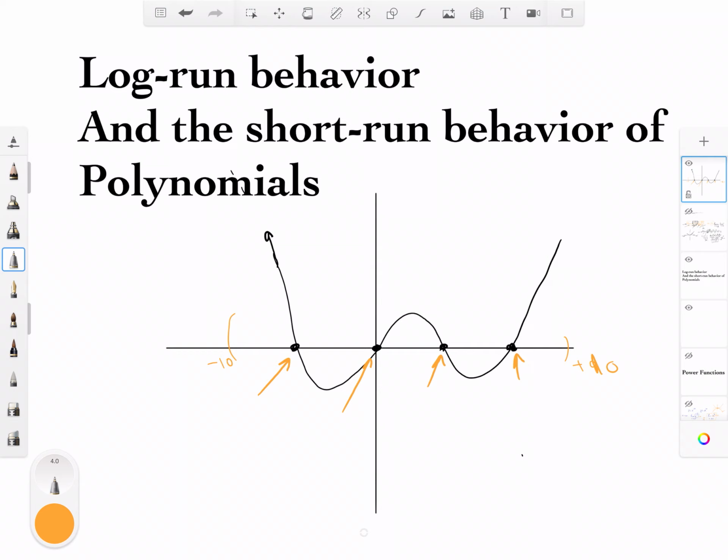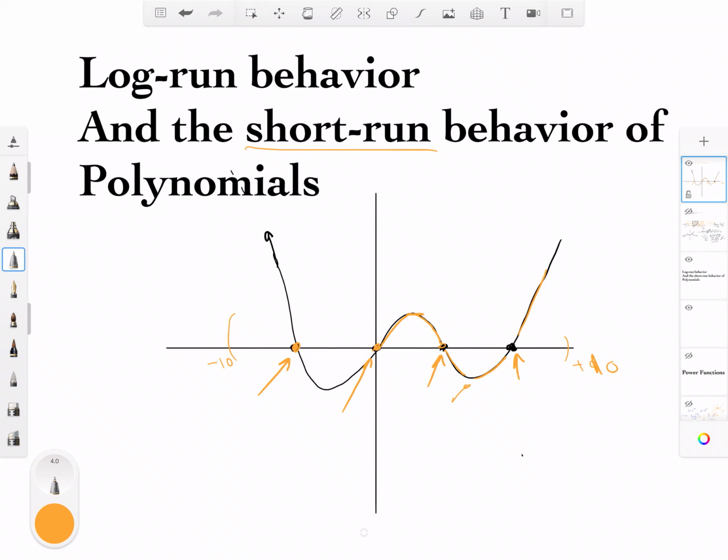So we need to talk about all the zeros, I mean x-intercepts. Usually we talk about the graph increasing, then decreasing, then again increasing. So talking about increasing, decreasing, the local maximum, local minimum, and zeros will be the short run behavior, which is a little more work than long run behavior.